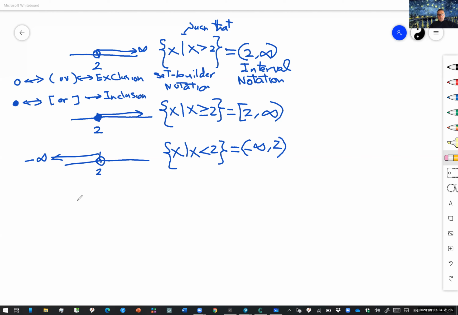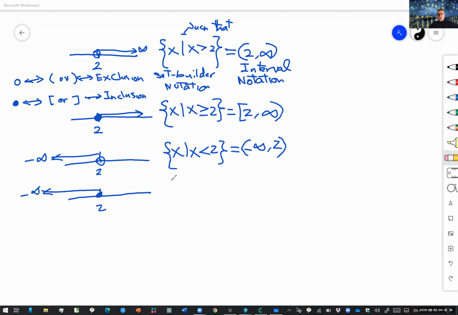So what if we wanted to include the 2? What would change? Notice I didn't put negative infinity or infinity on the number line, because they're not actual numbers on the number line. They're numerical concepts.